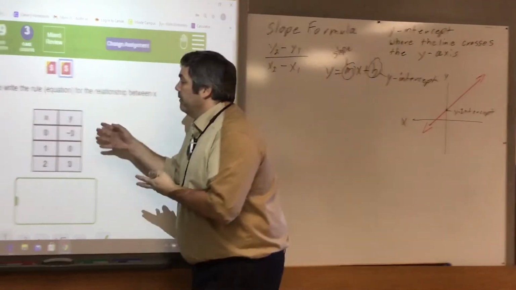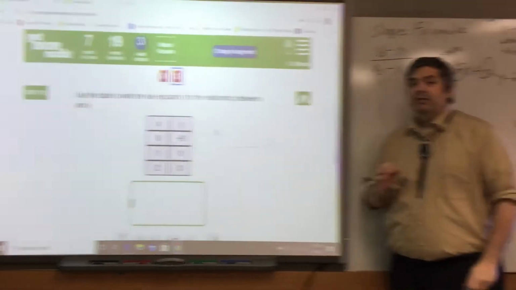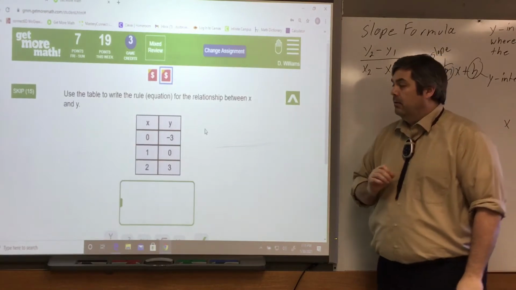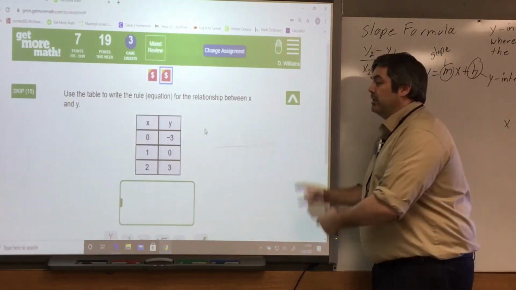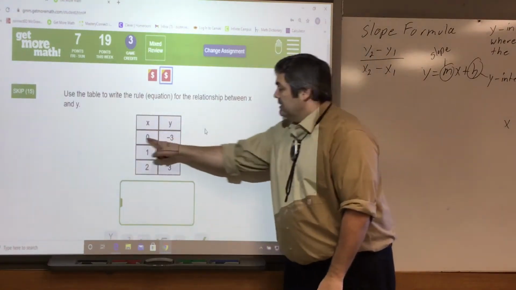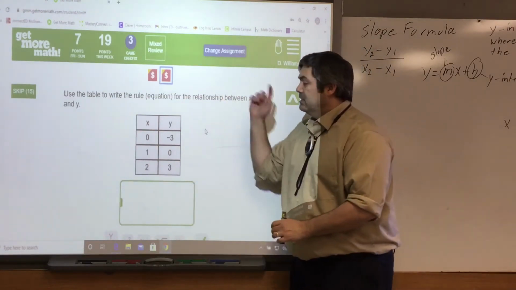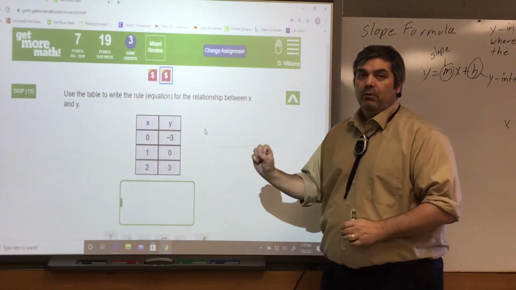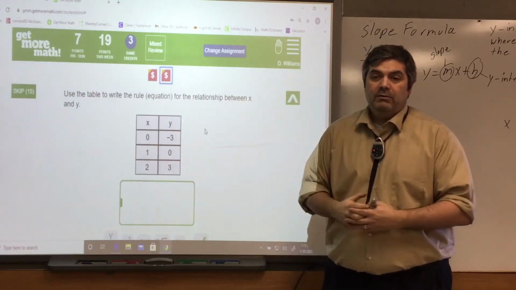So here, we have a table. When we look at this table, there are certain things we should be able to identify right off the bat. First off, this is our y-intercept, because whenever you have x is 0 and you have a y, that is your y-intercept.